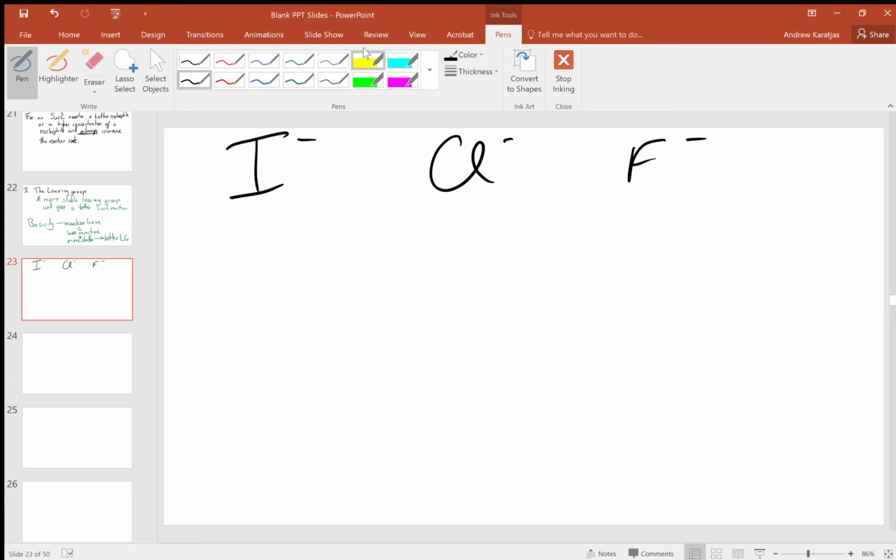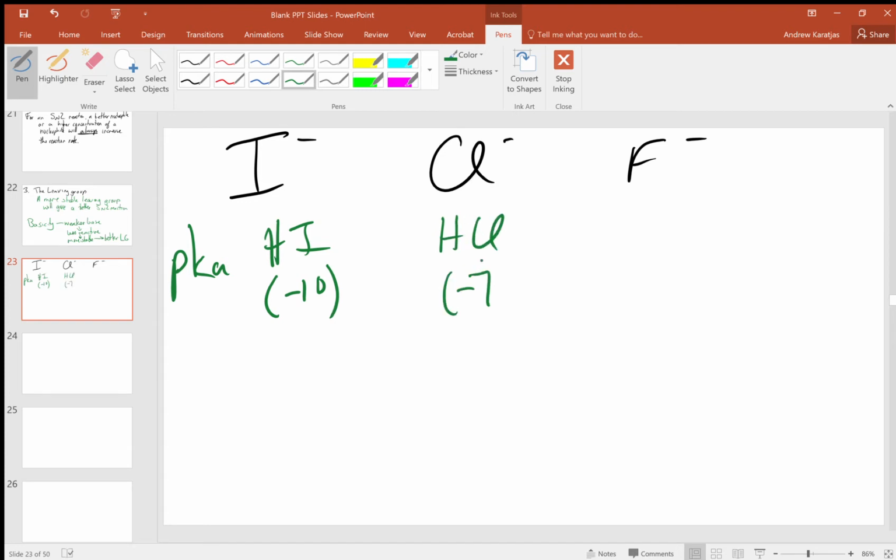Well, we can determine that based on the pKa of the conjugate acid. So the pKa of HI is approximately -10. For HCl, it's approximately -7. And for HF, it's about 3.2.